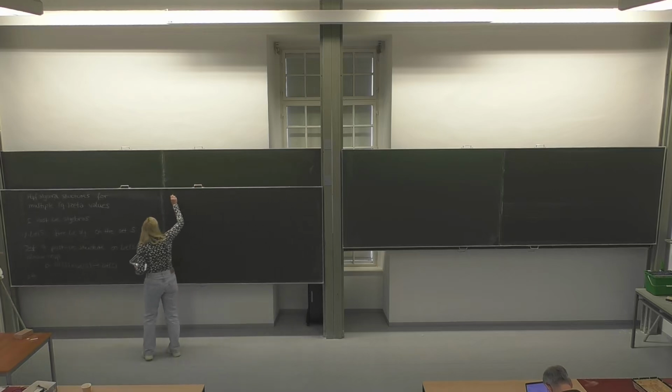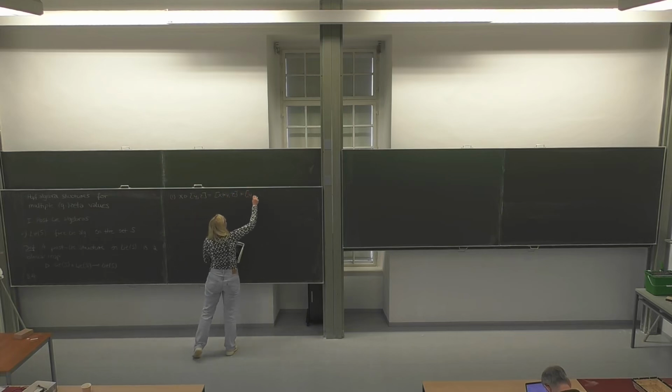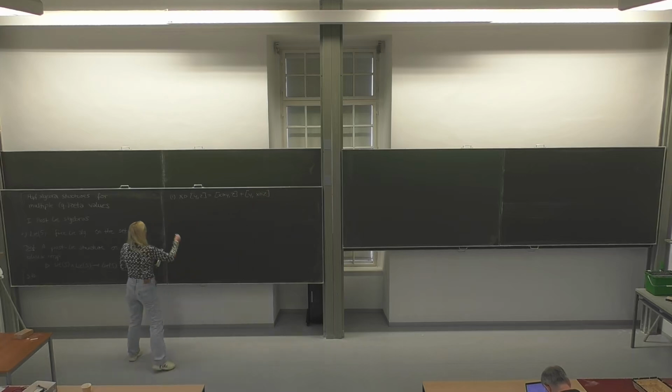So the first one is that this thing for any x should be a derivation, which means if I write now a Lie bracket of y and z, then this should be equal to x triangle y, z plus y, x triangle z. And there's a second condition which goes the other way around.